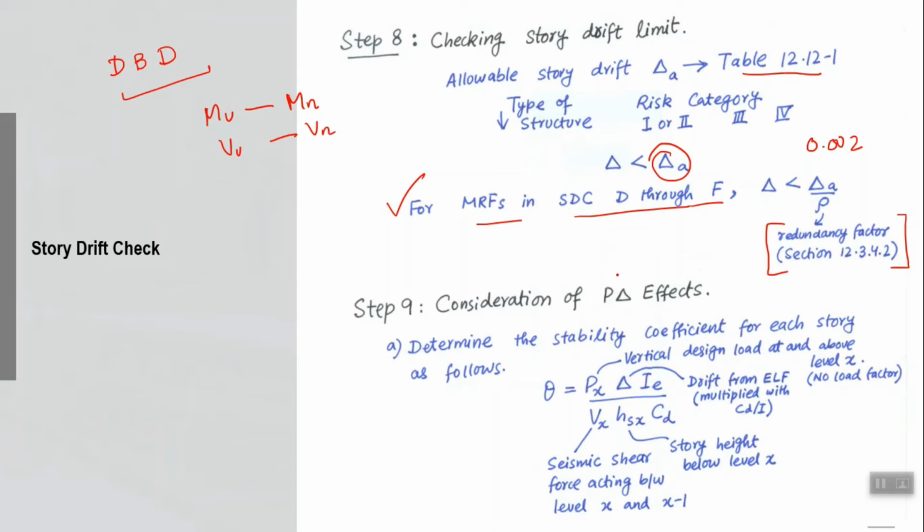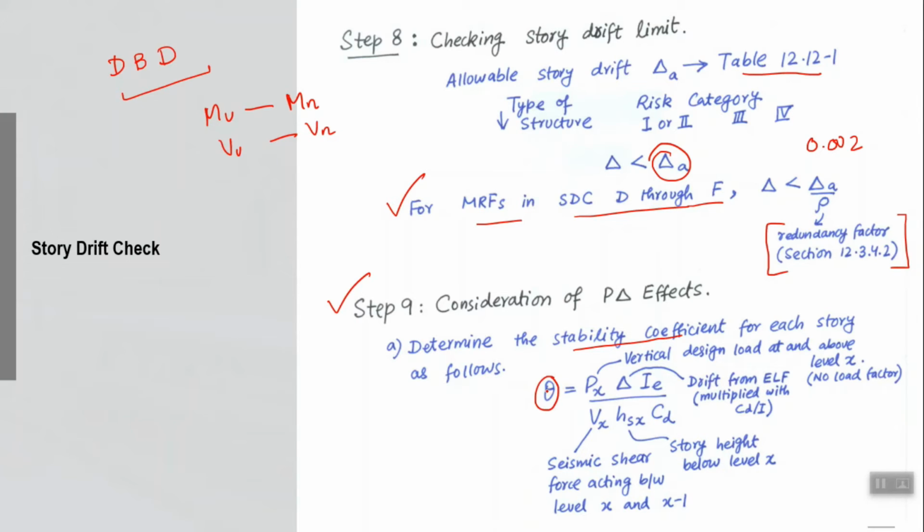Then another important consideration is the consideration of P delta effect. First, the recommendation is that you don't include it in the analysis, and then as part of this requirement you check whether you need to include or not, right? So the procedure is that you need to calculate a stability coefficient, this one, which is denoted here by this theta.